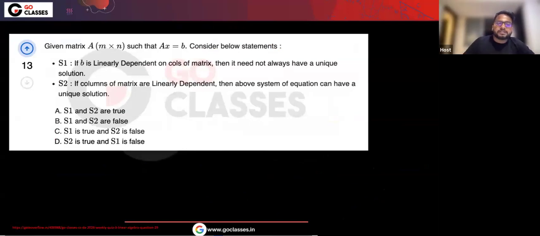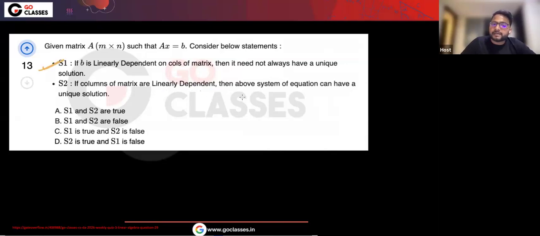Okay. So now let's just see this particular question. What this question is saying. If B is linearly dependent on columns of matrix, okay, then it need not be always a unique solution. If B is linearly dependent on columns, yes, that is true, right? It need not be a unique solution basically.